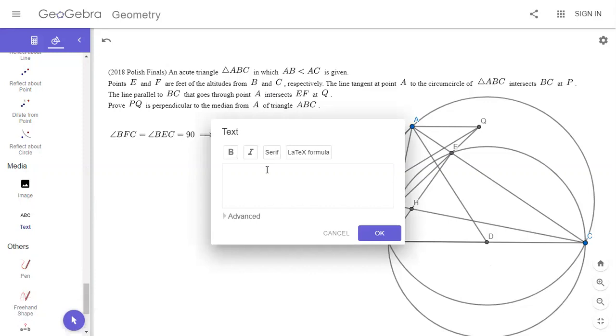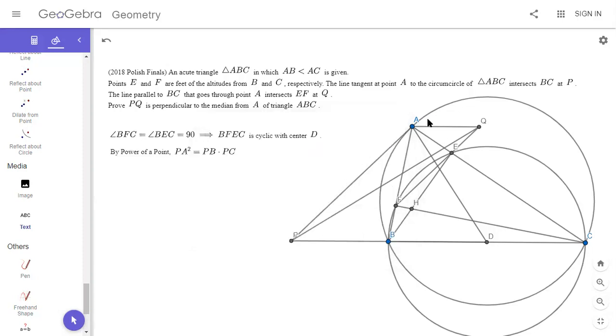So we have PA squared is equal to PB times PC. That's true by power of a point. But PA squared is also the power of P with respect to the point circle A. And PB times PC is the power of P with respect to the circle BFEC.